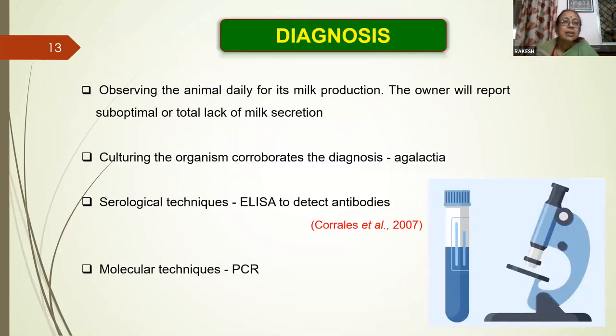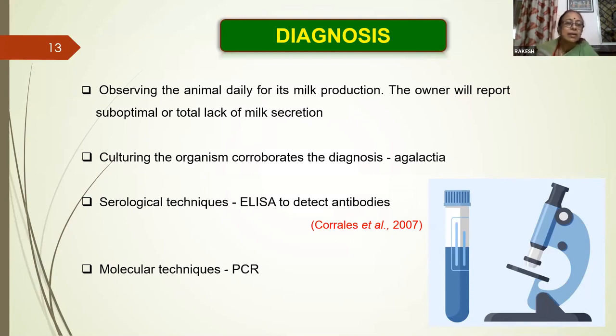Now, how to diagnose? For this, the goat farmer has to observe the daily milk production by the animal. The owner will report suboptimal or total lack of milk secretion. When he comes to the doctor, he will tell the doctor that there is decreased milk production.